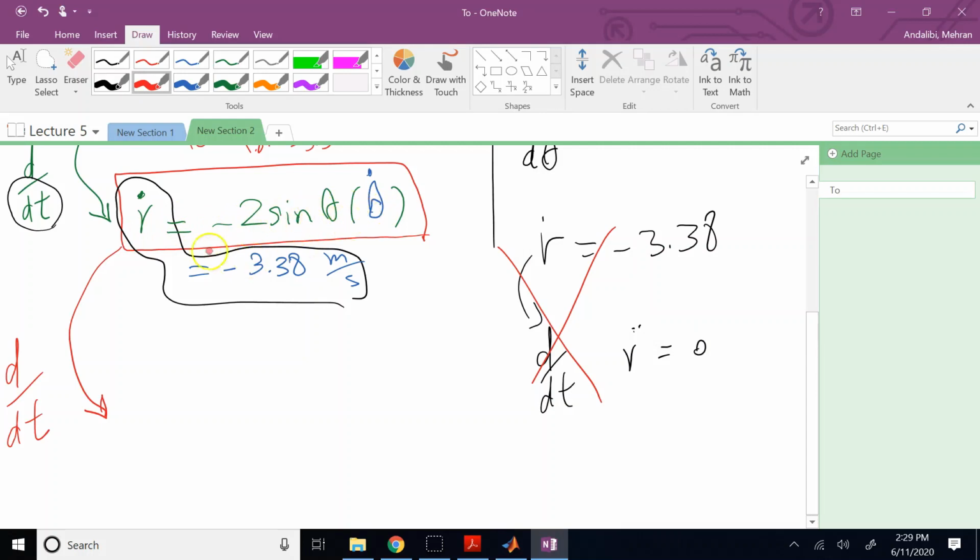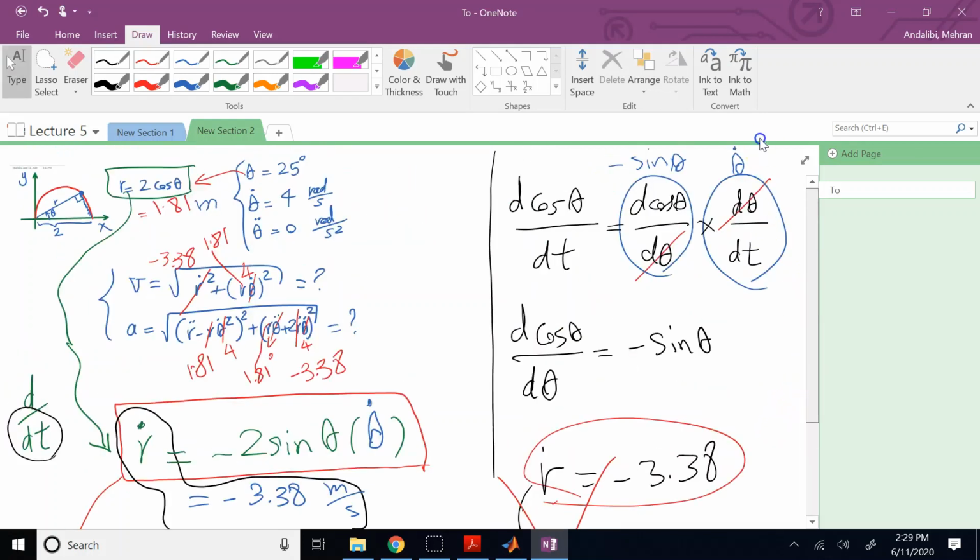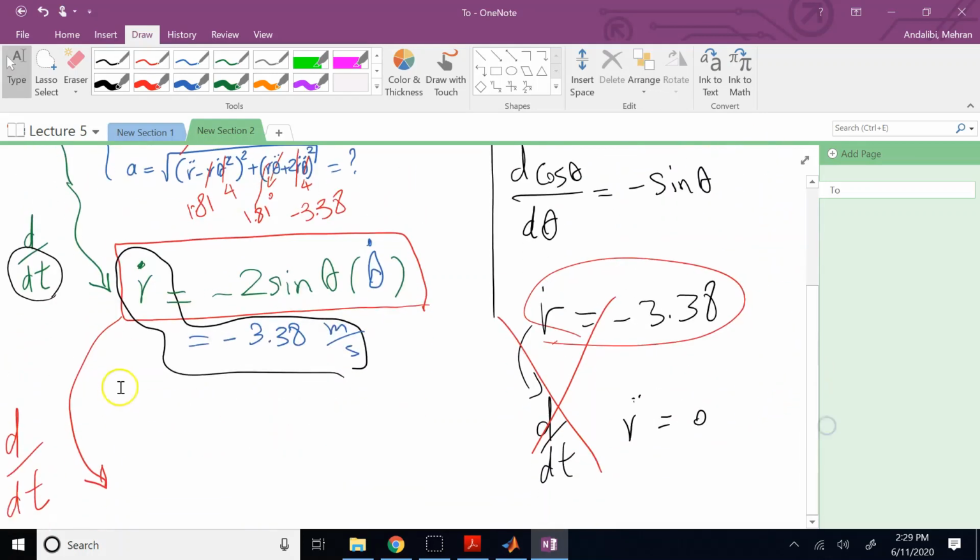So never take time derivative from this, because this number is only valid for one time point where theta is 25 and theta dot is 4. When we take any derivative from anything, they should not be momentary equations. They should be equations that are valid for all different values of the variables.